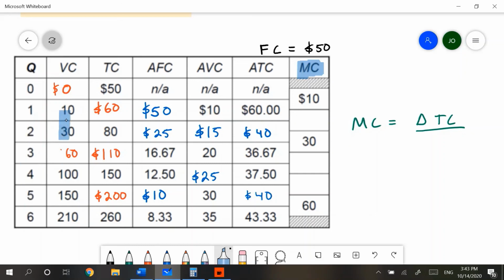From 30 to 10, my difference is 20. From 60 to 100, my difference is 40. And finally, from 100 to 150, my difference is 50.